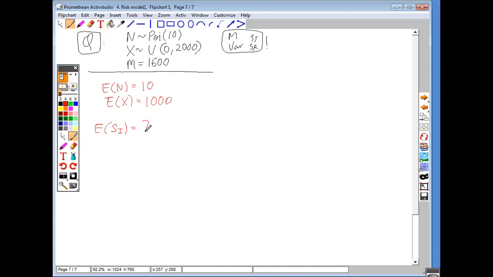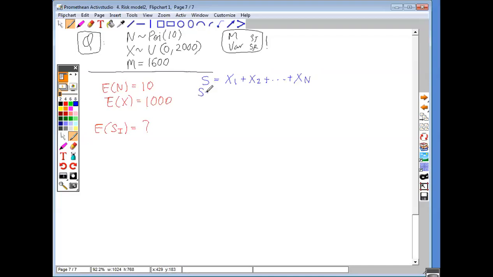But yeah, what should be my next step? To start with, have we defined our SI? We do know that my S here is X1 plus X2, and so on up until XN.